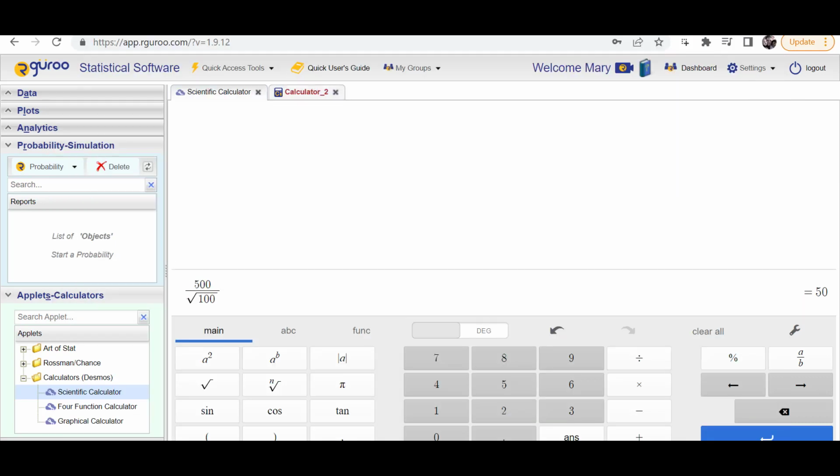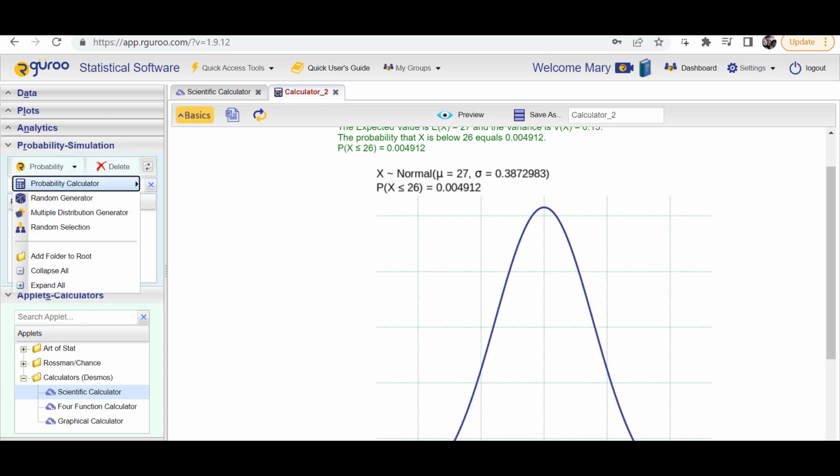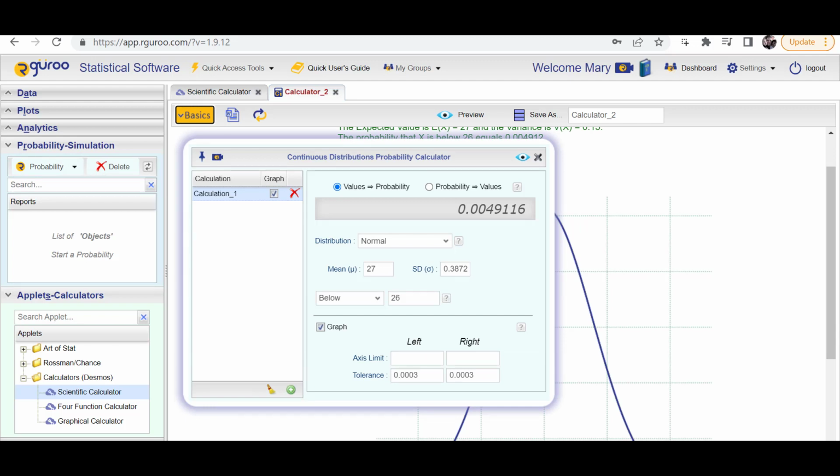So toggling back to my calculator, we did probability calculator, chose continuous. This pops up, values to probability. The mean is 2631, and the standard deviation when we calculated it was 50, because it's the standard deviation of the sample means, which is the standard error, and we're doing above 2,700.